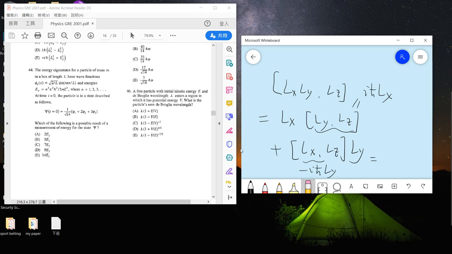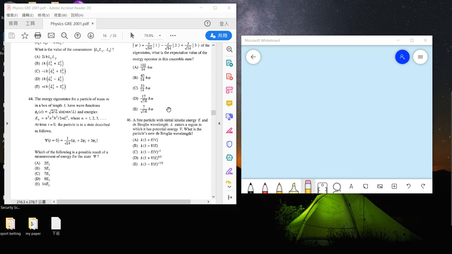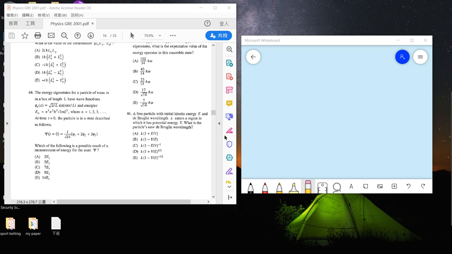44 says that somebody gives you a wave function in a box, and what is the possible result of measuring the energy?